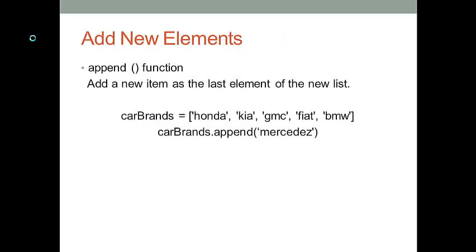After we created a list, we can use the predefined functions to add a new element into the list or remove an element from the list. If we want to add a new element to the end of the list, we can use the append function. This slide shows everybody how to use the append function. First, we created a list type variable. It's called carBrand. It has 5 elements in the list.